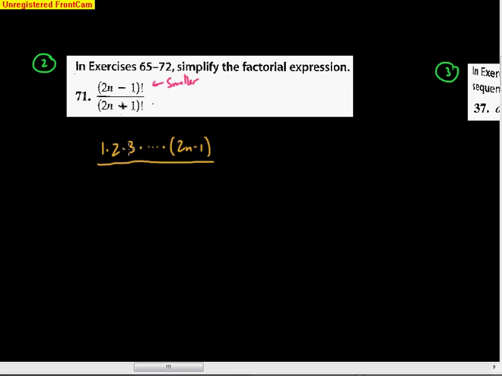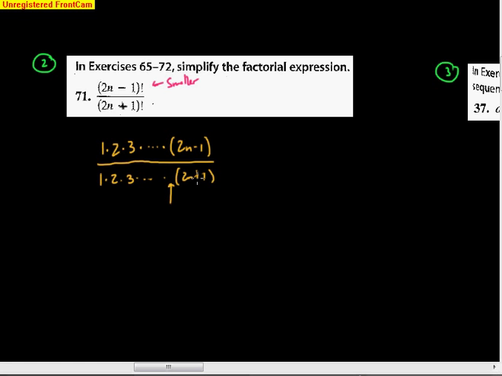Okay? And I'm going to do the same thing with the 2n plus 1. However, I'm going to be clever. Because 2n plus 1 is bigger than 2n minus 1, I need to figure out how much bigger. So if we think about 2n plus 1 as the final number, I'll do the same thing down here. So 1 times 2 times 3 times dot, dot, dot, times 2n plus 1. What are the terms right before the 2n plus 1?